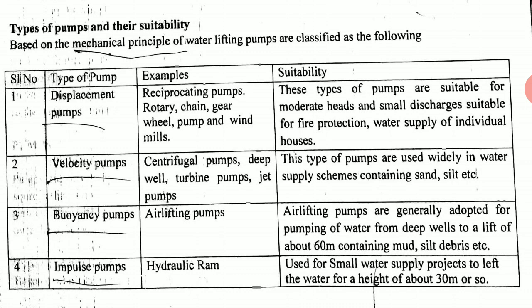So what are the examples of displacement pumps? The examples are reciprocating pumps, rotary pumps, chain, gear, wheel pump, and windmills. Now, suitability: where are these displacement pumps suitable for the work?